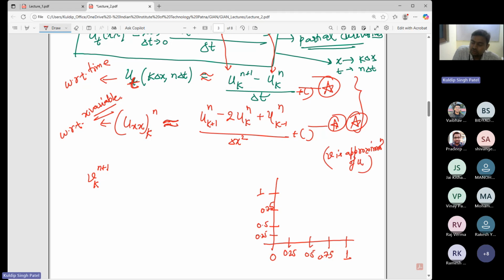Then (v_k^(n+1) minus v_k^n) upon delta t equals (v_(k+1)^n minus 2 v_k^n plus v_(k-1)^n) upon delta x square. Why we have taken v, I'll just explain to you.